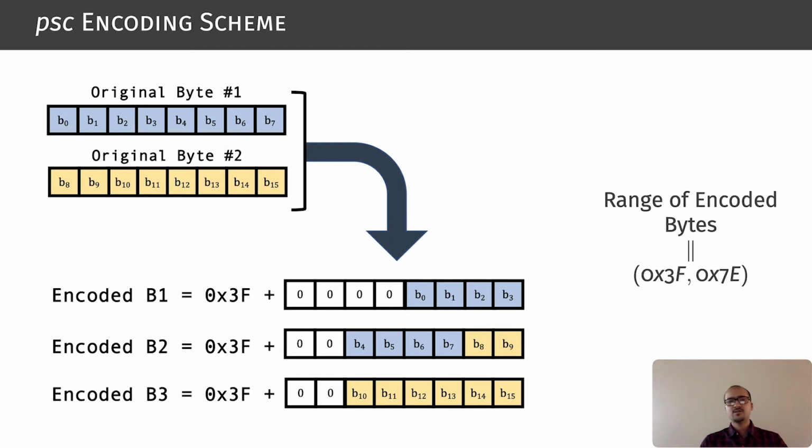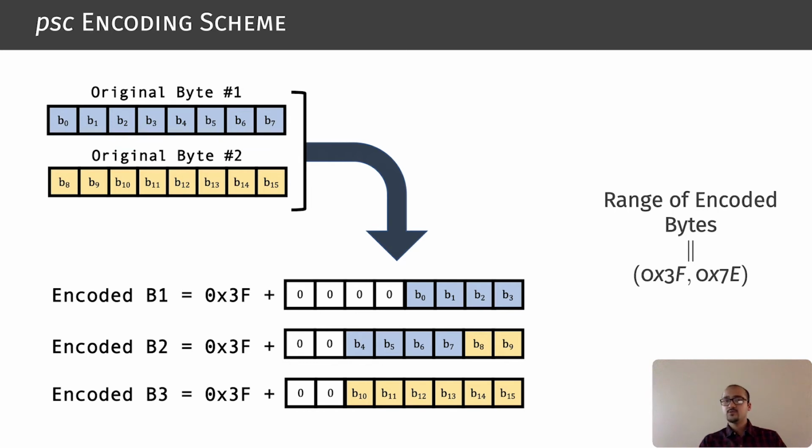And if you consider the encoded byte B3, if all bits B10 through B15 are 1, then we will encounter the highest value of 7e, hence this range. Note that this range is actually a subset of the printable byte sequences. Hence, anything which is output by this custom encoder is proper printable sequences. So it's completely printable.